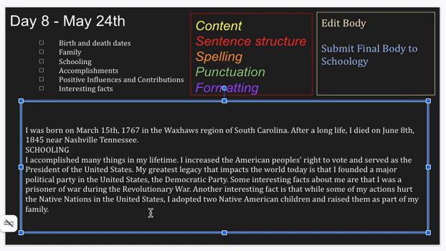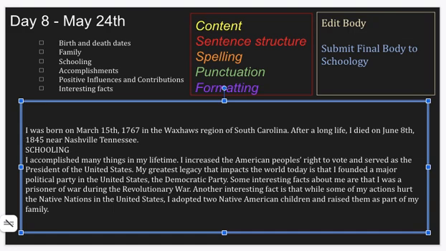And finally, formatting. I'm going to take a look at this information here and ask myself, is there a place that I could divide it into multiple paragraphs where each paragraph would focus on a different topic? I notice that my writing starts by talking about information about Andrew Jackson that comes from long ago.